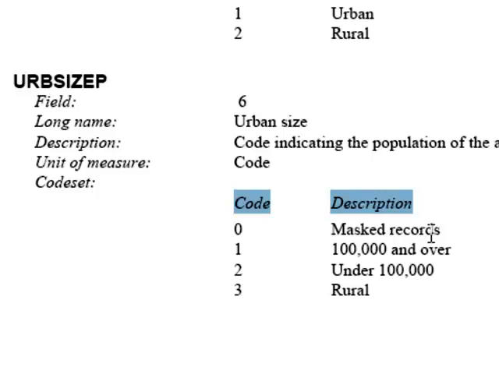There are times when the government wouldn't like to release information about certain areas because of privacy concerns, so those records are masked, in the sense that their location is masked from us, not the entire information. 1 stands for 100,000 and over. This means that the household belongs to a place where more than 100,000 people reside. 2 stands for areas which have a population of less than 100,000, and 3 stands for rural areas.